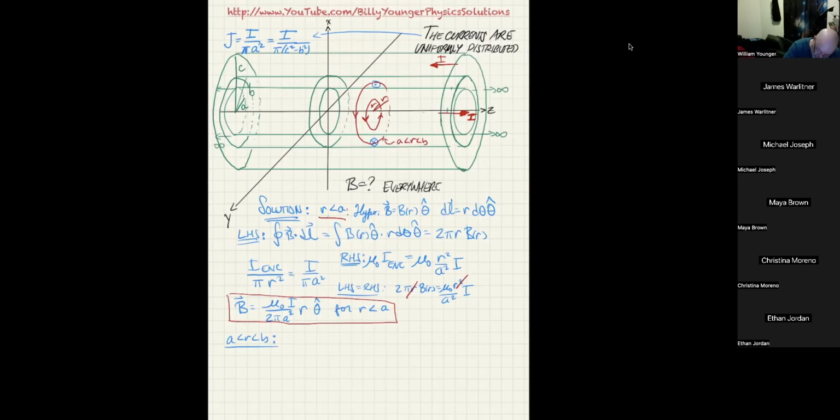I'm going to go ahead and say left-hand side, closed integral B dot dL.